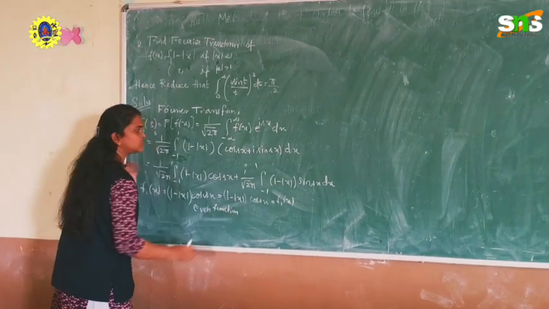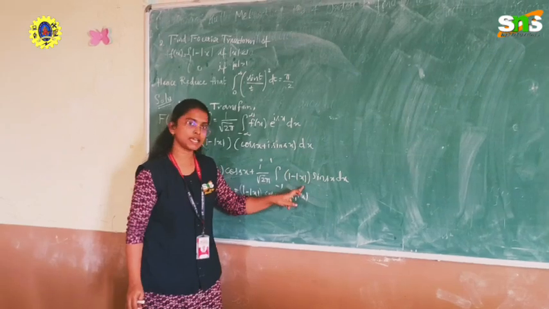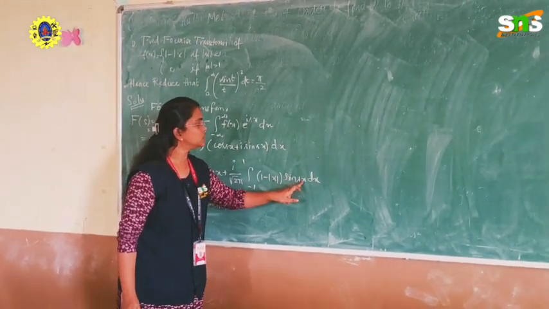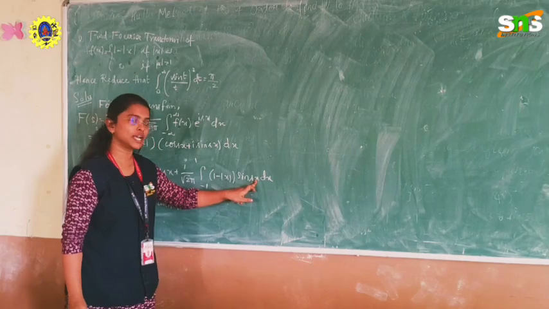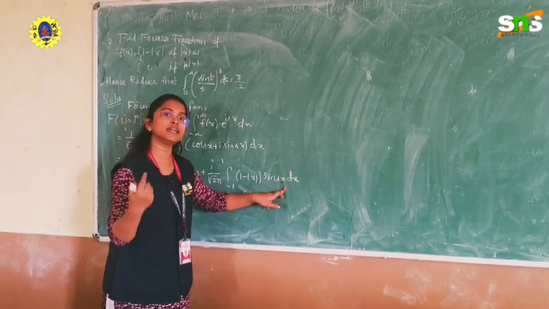So what about the second term? If I substitute x with -x, I get the same term, 1 minus modulus x, and I get minus sin s x, because sin of minus theta is minus sin theta.